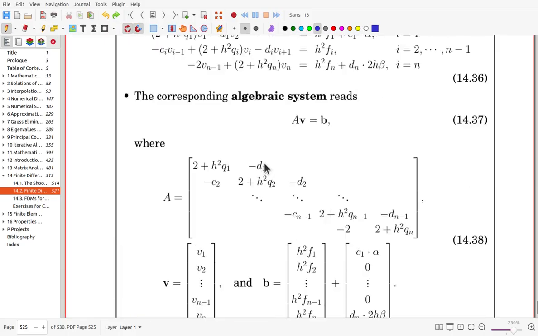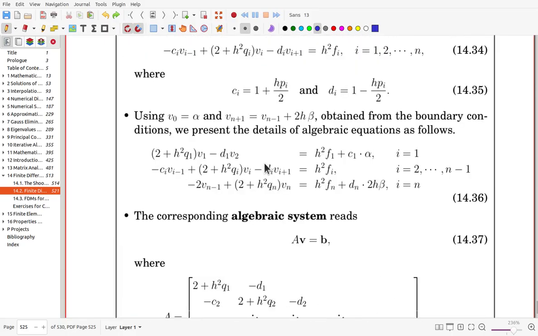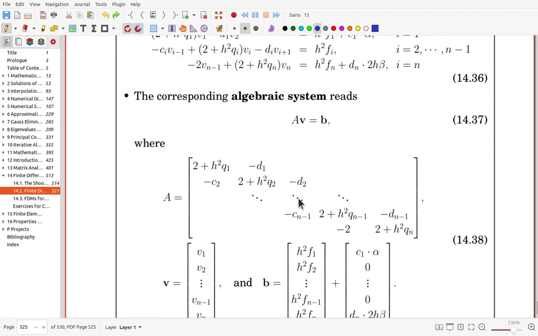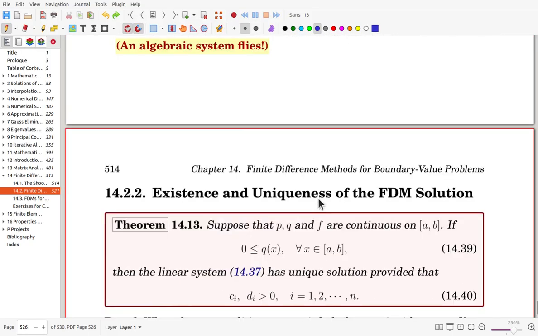We defined this somewhere over there. Assume these are positive. Then this addition is basically 2. And the absolute value, originally it is positive, and then its addition is 2. So that is diagonally dominant. So it's 2 plus that 1 and something added, so every row is diagonally dominant.